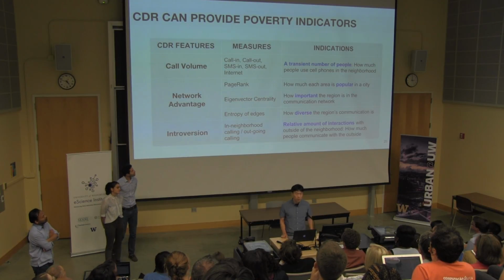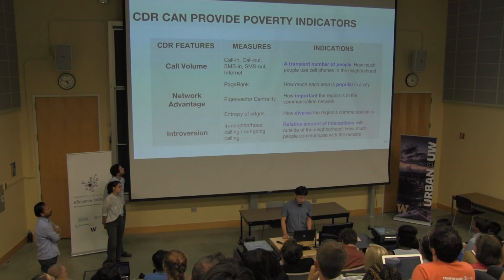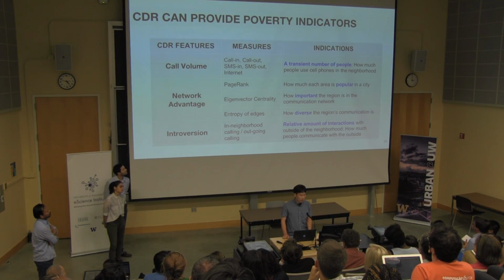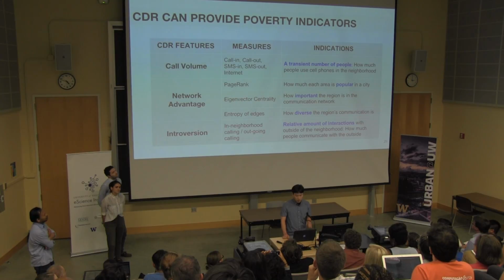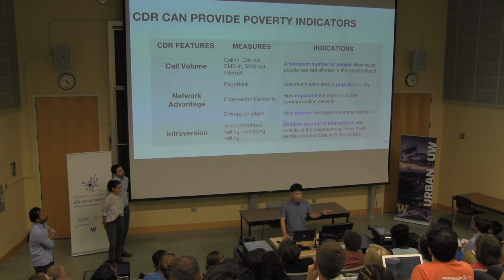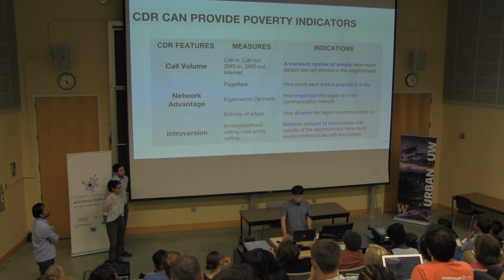Also, it is possible to extract features from CDR data, which can provide poverty indicators. One very basic feature is call volume, and that represents the transient number of people. It's different from the number of residents in each area. The next one is network advantage based on the network data.